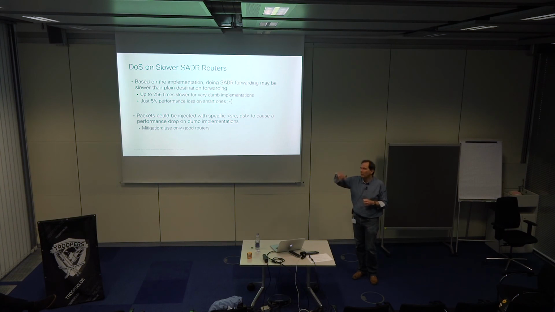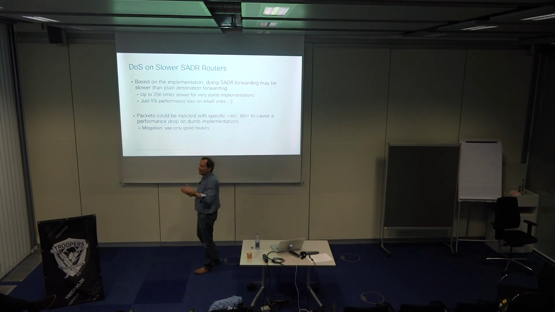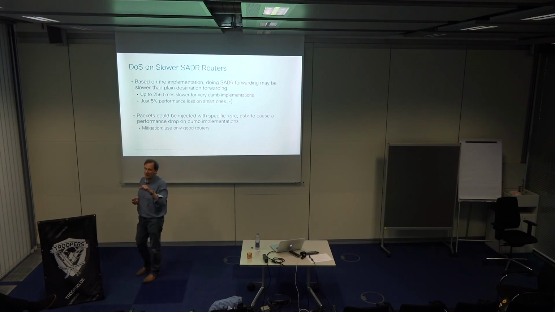So going through all the masks and so on, we were sometimes seeing more than 200 performance hits. So if we were able to route 100 megabits per second, with tuning, Seder with a bad implementation, we were only able to forward something like 0.5 megabit per second, which is of course not acceptable, but the naive implementation can do it.